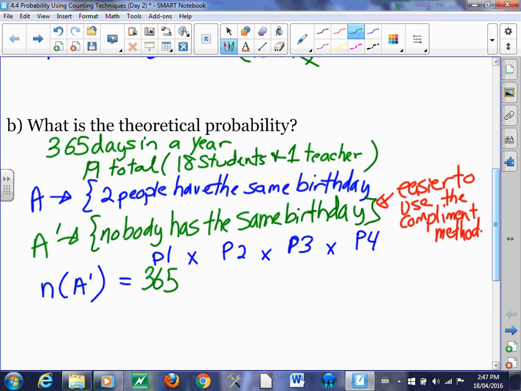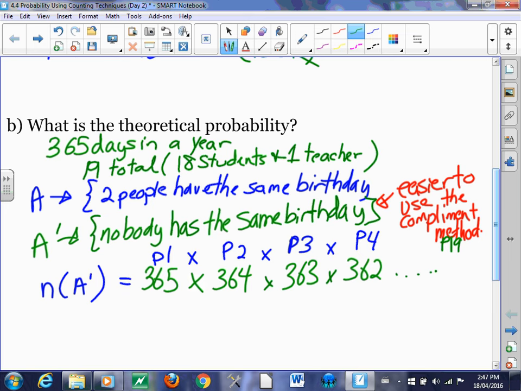Then person 2 can't have the same birthday as the first person, so he or she has 364 days left. Times the third person, you're going to see the pattern here, 363, times 362, and we go all the way until we have person 19.